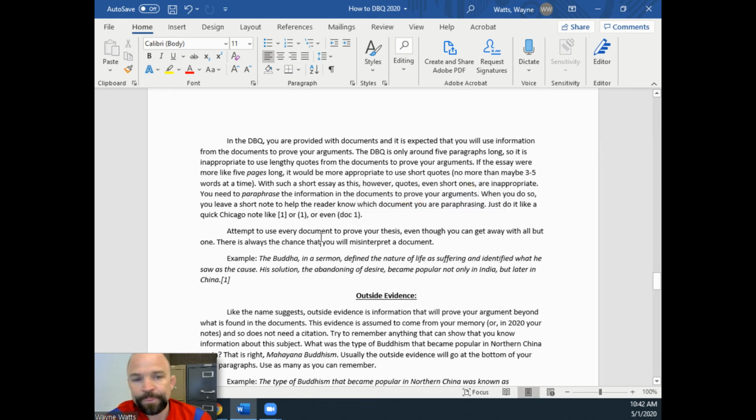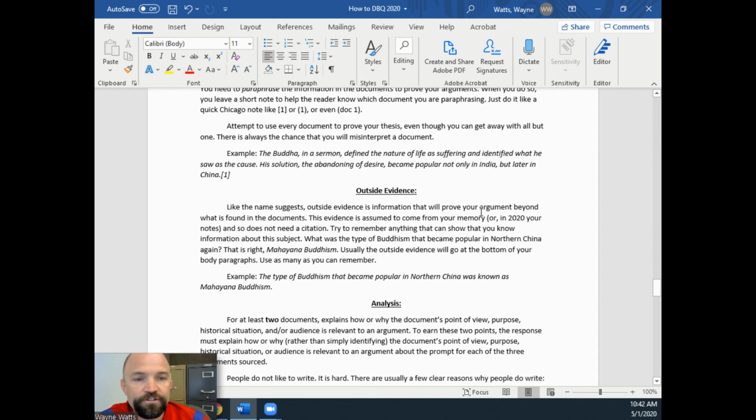Attempt to use every document provided to prove your thesis, even though you can get away with all but one. There's always the chance that you will misinterpret a document, and you can still get the point if you use all 5. So an example: the Buddha in a sermon defined the nature of life as suffering, and identified what he saw as the cause. His solution, the abandoning of desire, became popular not only in India, but later in China. And there you go. Now I've paraphrased the document.